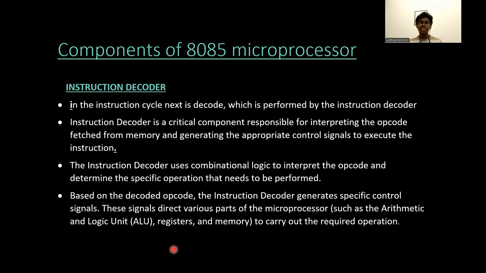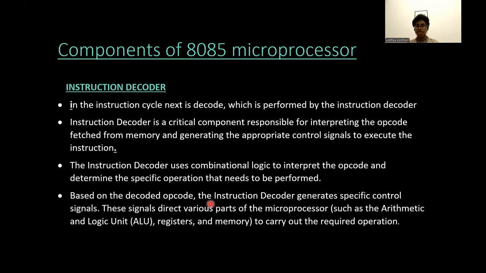Instruction decoder. This is located just below the instruction register, and it performs the decoding task of the instruction cycle. In the instruction cycle, next is decode, which is performed by the instruction decoder. The instruction decoder is a crucial component responsible for interpreting the opcode fetched from the memory and generating appropriate control signals to execute the instruction.